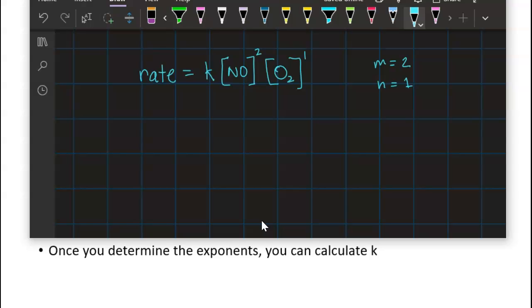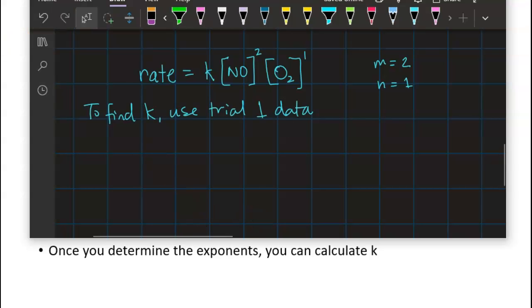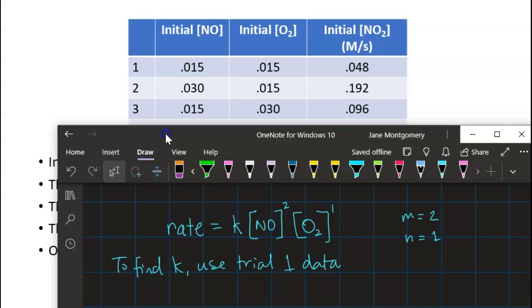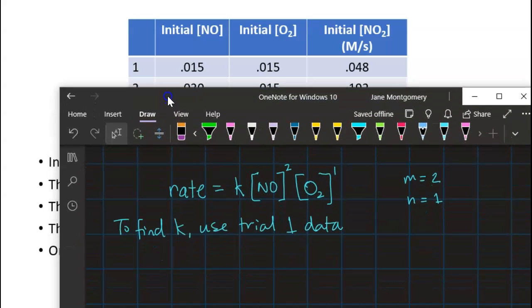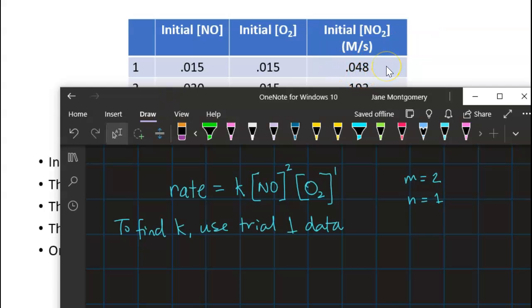Now, in order to find K, we're going to substitute in some data. Let's just do it from trial 1. In trial 1, we saw that our rate was 0.048 molar per second. So we're going to substitute that value in, this number right here.